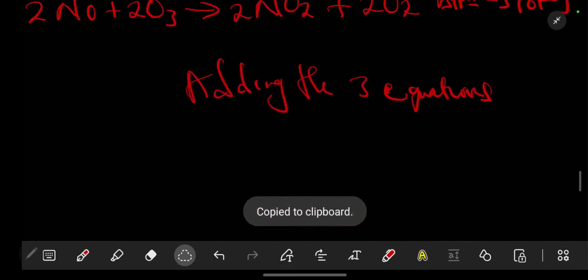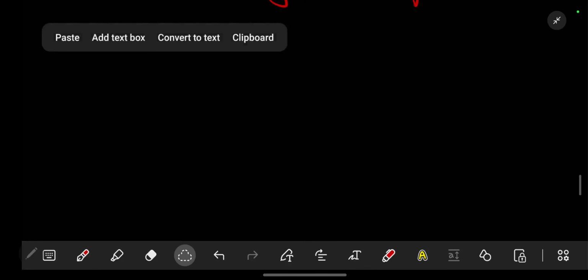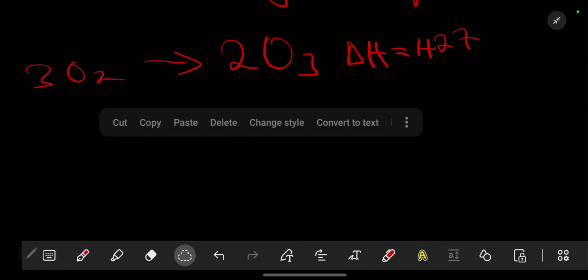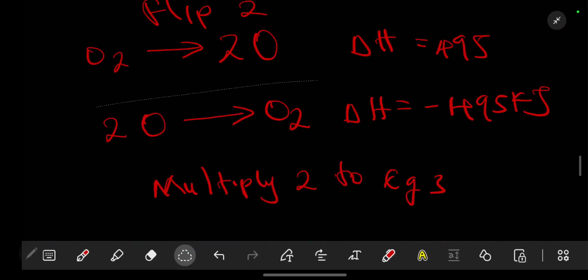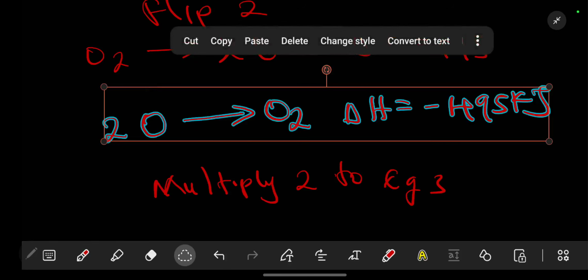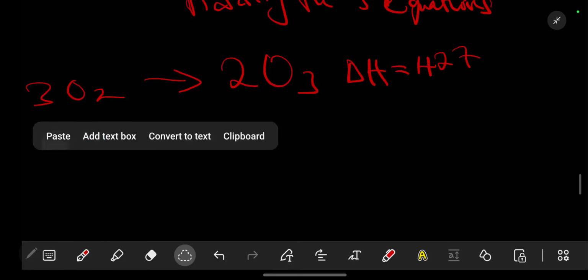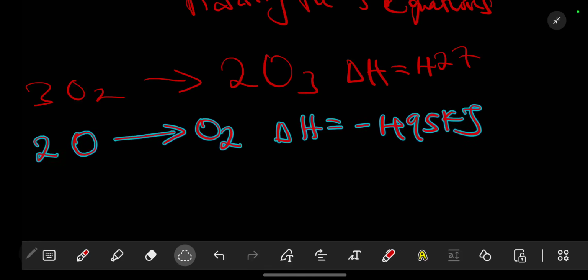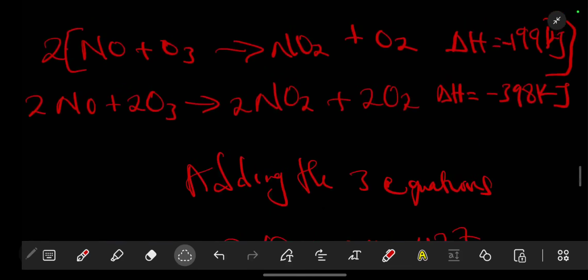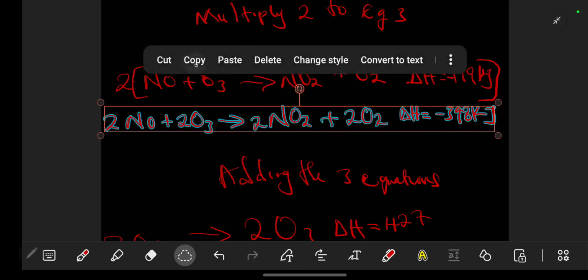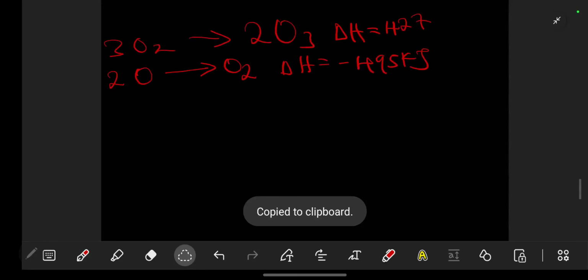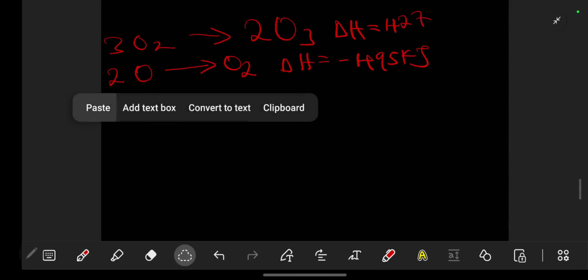We put it there. You also write the other equation, which is this one. Then the last equation, which is this one, we take this equation and put it there.